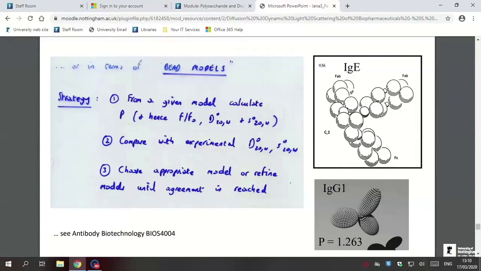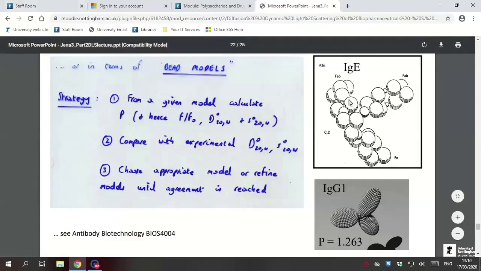So for these types of asymmetric shapes, we can use HYDRO, SOLPRO, these types of programs which allow us to do bead modeling, such as this IgE, or this slightly modified bead approach called the bead shell modeling approach, it's IgG1.